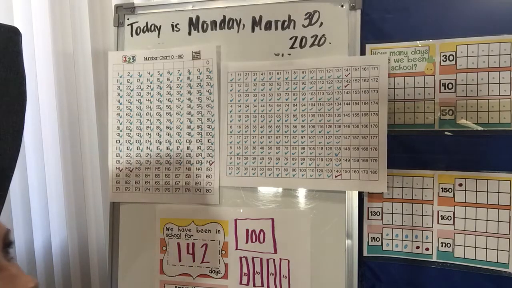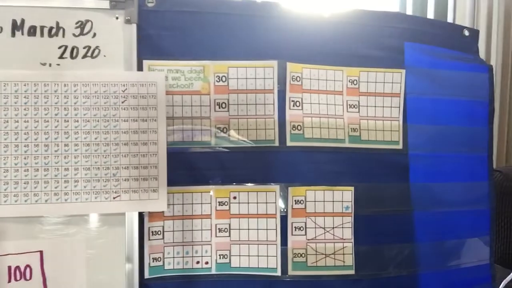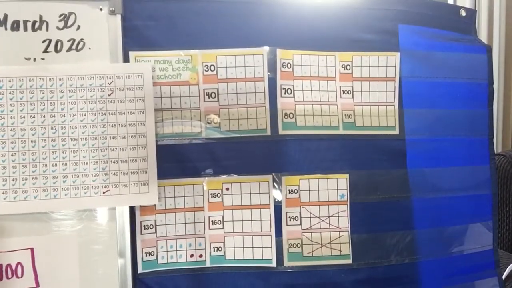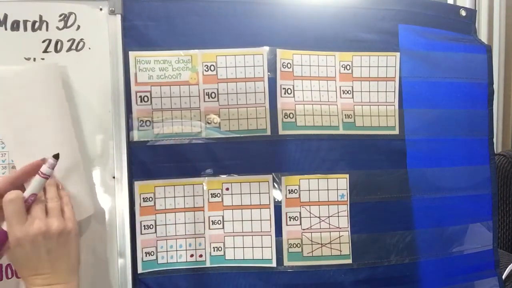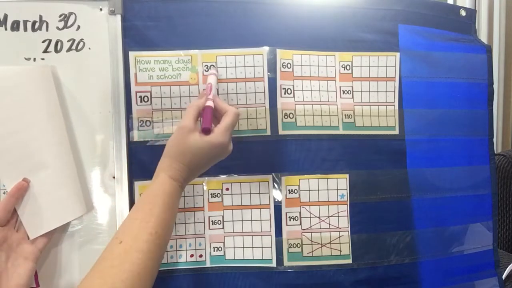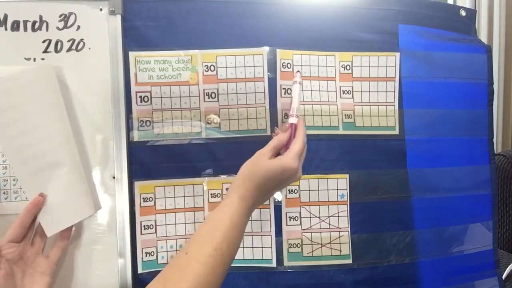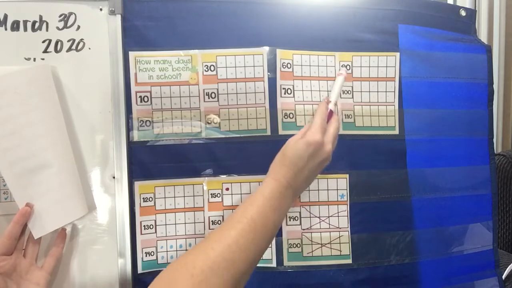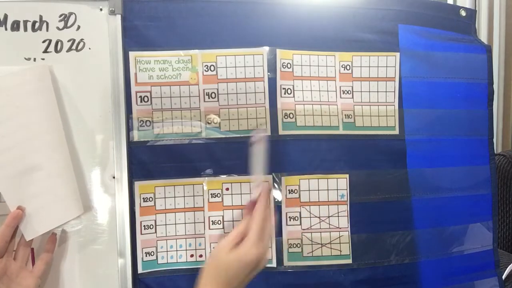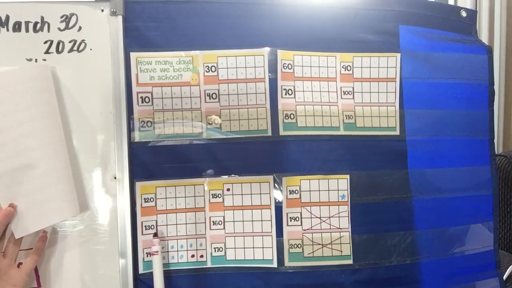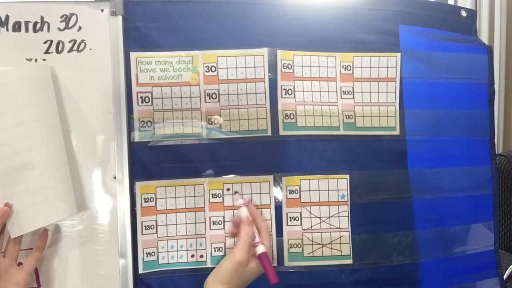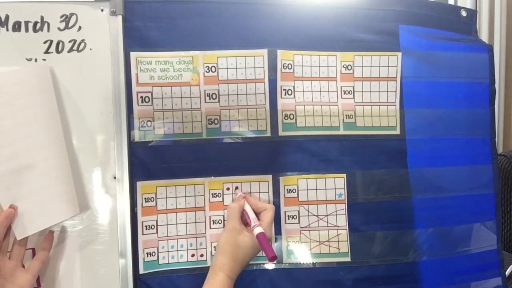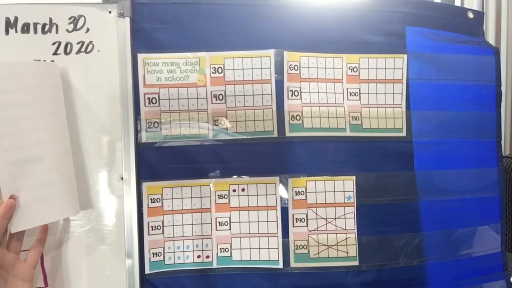And I'm going to see if I can move my iPad this way so you can see our 10 frames. So we've got 10, 20, 30, 40, 50, 60, 70, 80, 90, 100, 110, 120, 130, 140, 141, and 142.